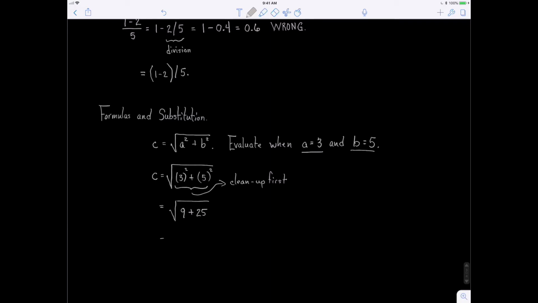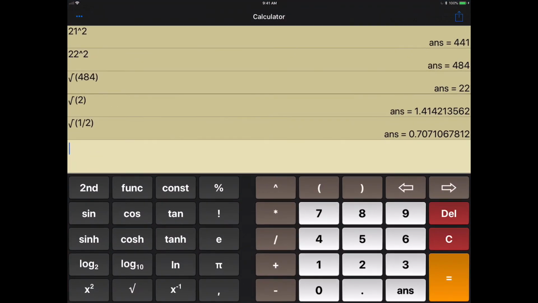If I add those two numbers together, that gives me the square root of 34. And here's the interesting part, that is C. C is the square root of 34. If I wanted an approximate answer, I'd go to Good Grapher, find the square root of 34, and I would have 5.8. We'll round it to the hundredth, so 5.83.